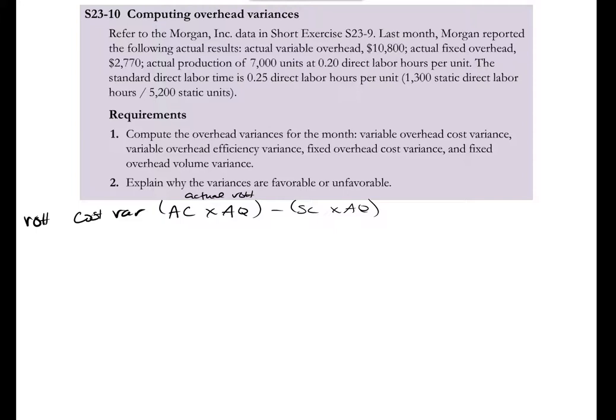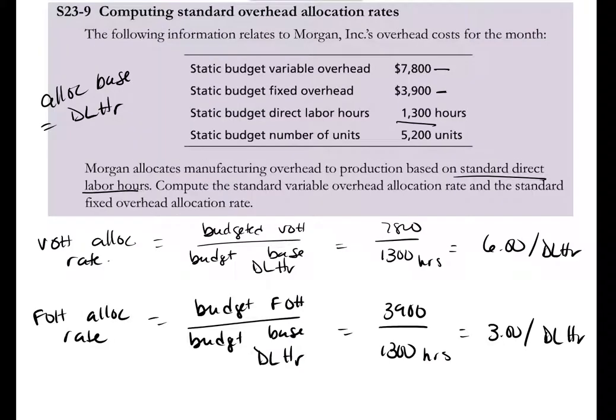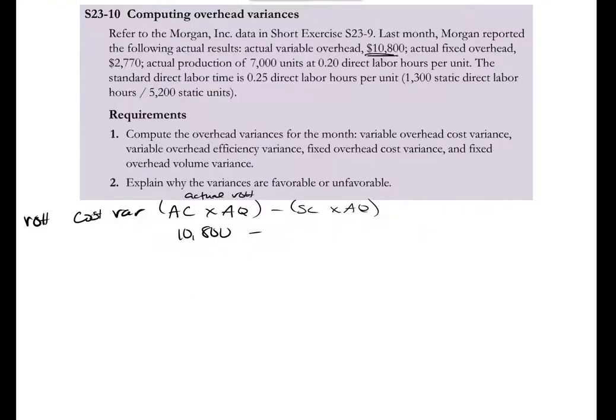So they told me up here, the actual total variable overhead was 10,800. So I'm going to leave that like that. The standard cost, if we look back on this one, is $6. That's the standard, the allocation rate. So that's $6 times the actual quantity that I used, which is, let's see, where did they give me that one?